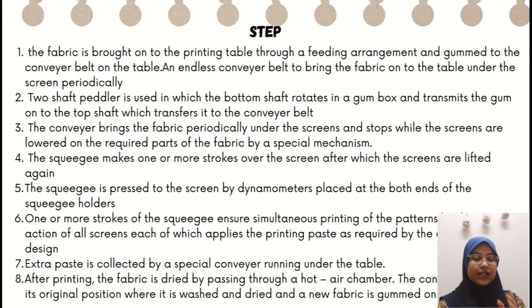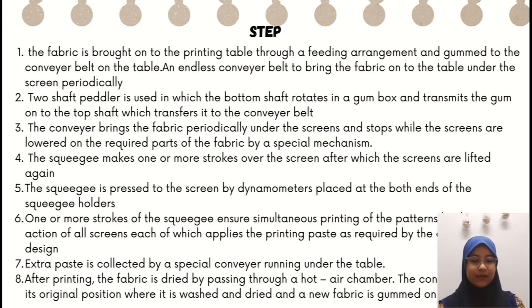The next step is the squeegee is pressed to the screen by the dynamometer placed at both ends of the squeegee holder. The next step is one or more strokes of the squeegee ensures simultaneous printing of the pattern by the common action of all screens, each of which applies printing paste as required by the color in the design.